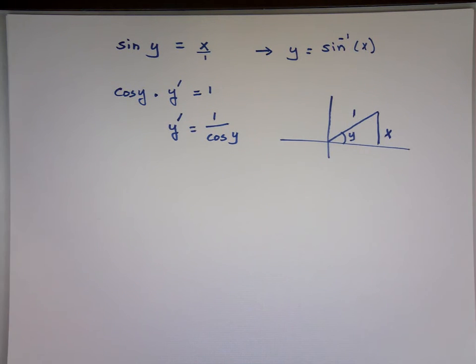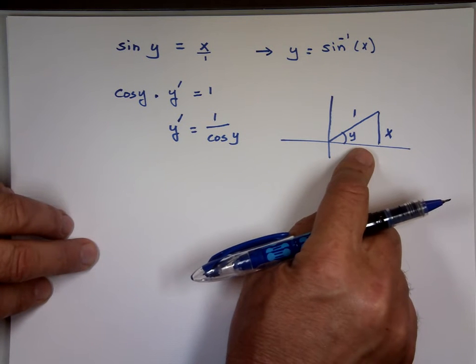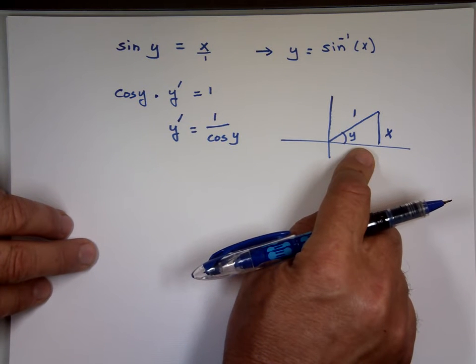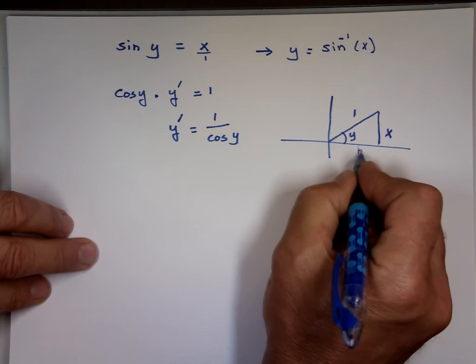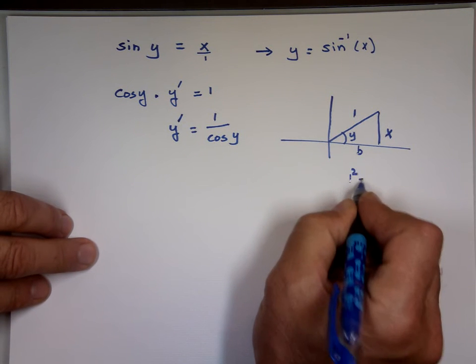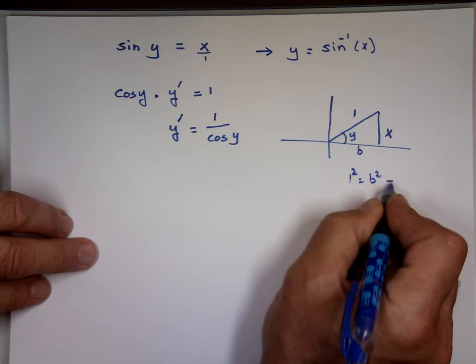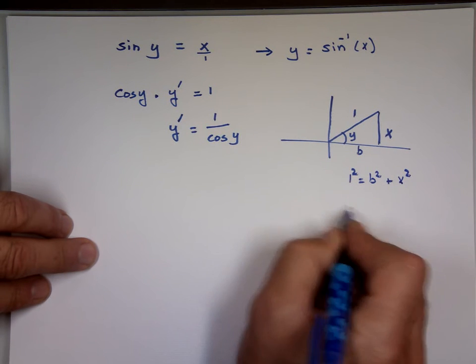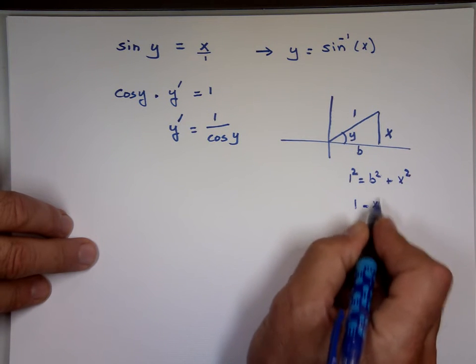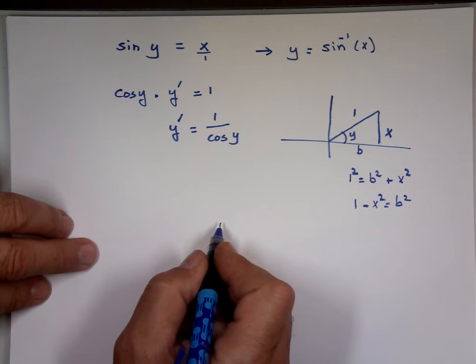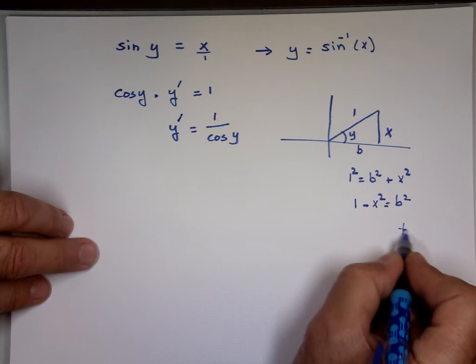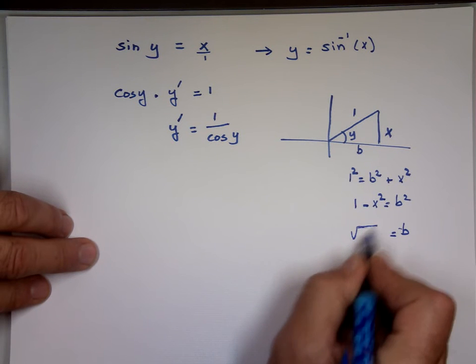Can you find the length of this side? Sure, Pythagorean theorem. I'll call it b. 1 squared equals b squared plus x squared. 1 minus x squared equals b squared. So b equals the square root of 1 minus x squared.